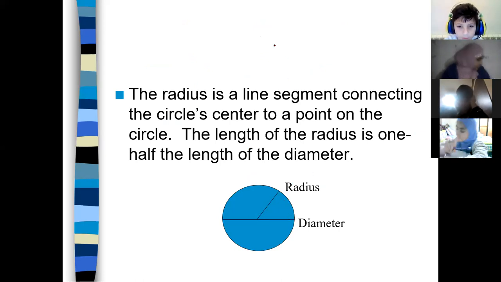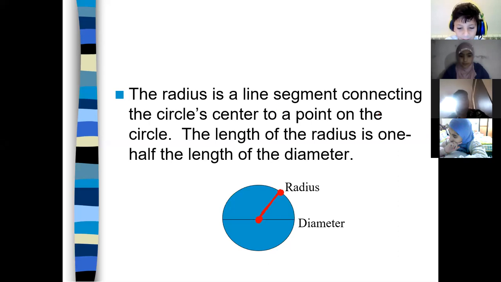Jude, what is the radius of a circle? Define. The radius of a circle is a segment that is half of the diameter. Half of a diameter. Where does it start from, Jude?